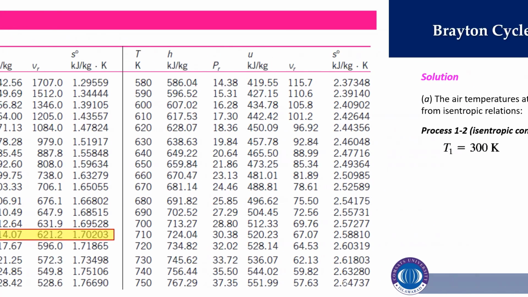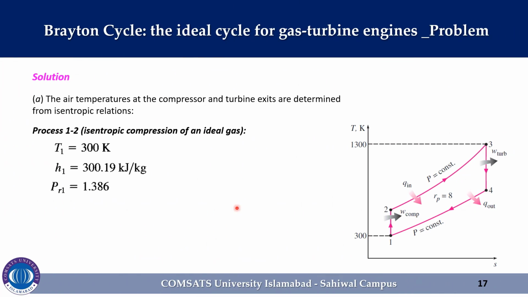After that we use the pressure ratio relation, that is PR2 over PR1 is equal to P2 over P1. After rearranging, we can express it as PR2 is equal to P2 over P1 multiplied by PR1. This relation gives the relative pressure at point 2.